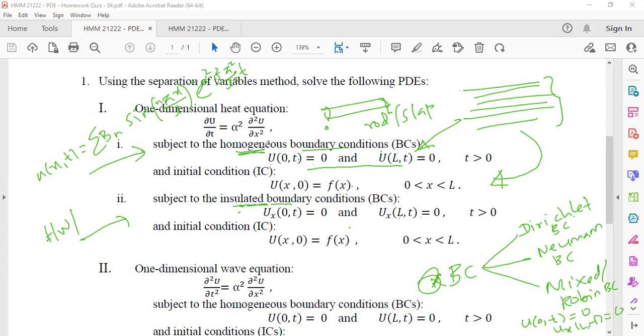So this is the answer for this one. Sometimes for this one, maybe not the same.